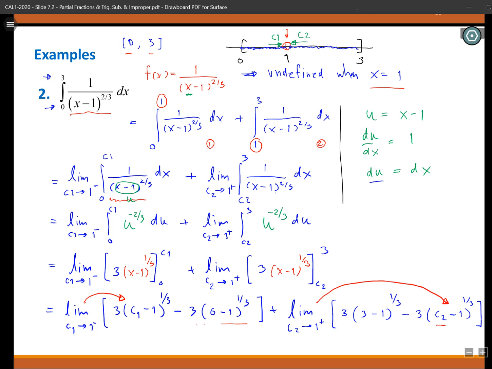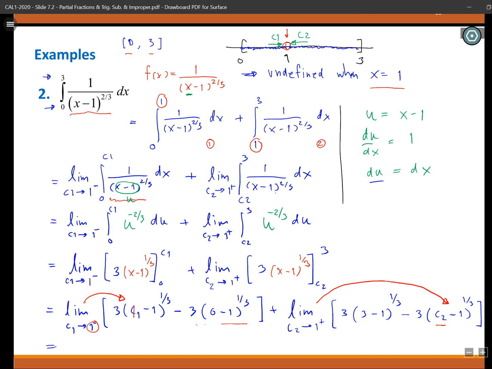Alright, now let's take a look at this term. Let's do this step by step. Let's try to perform the limit right here, direct substitution. 1 goes in here, and the inside of this parenthesis will become 0.